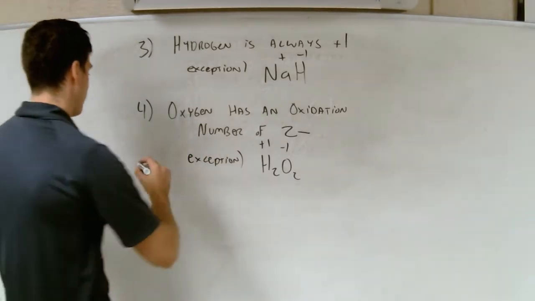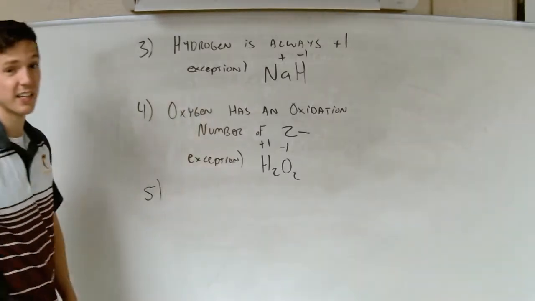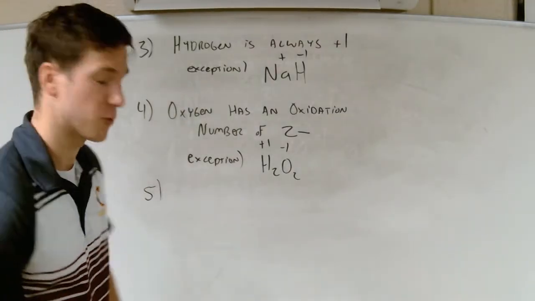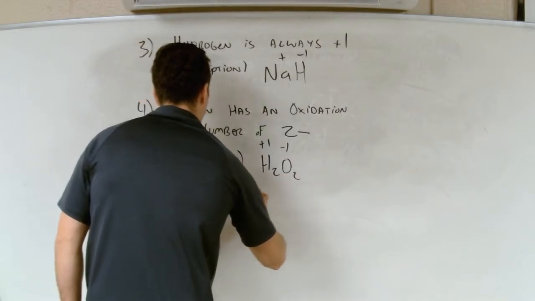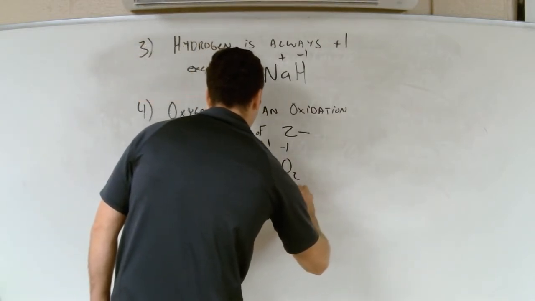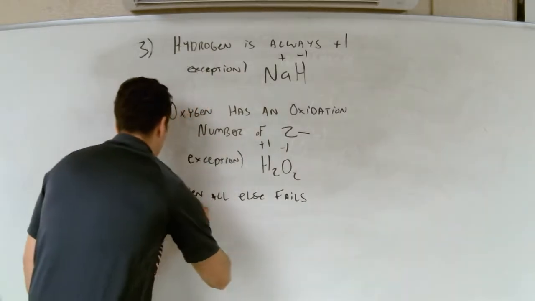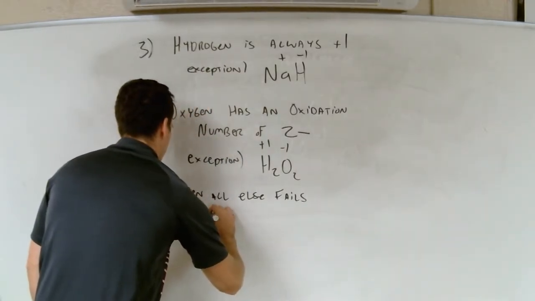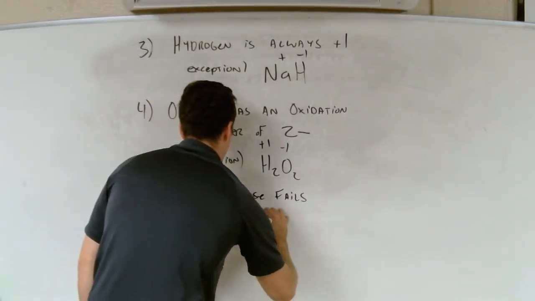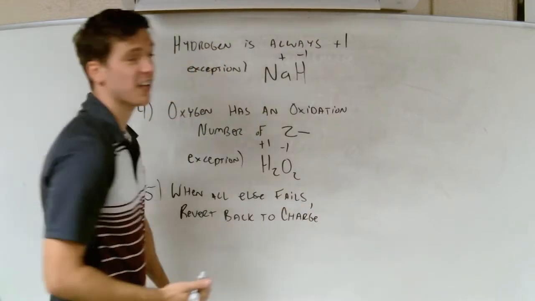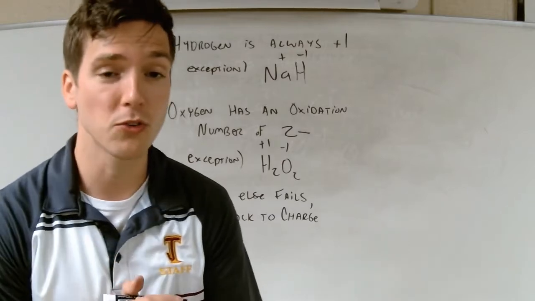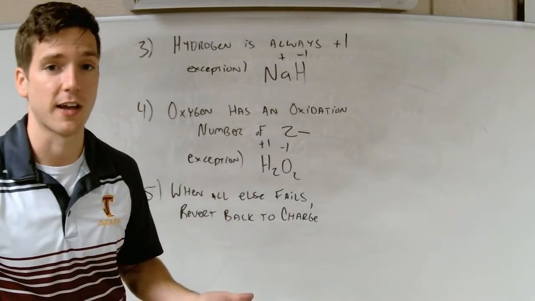And then rule 5. When all else fails, revert back to charge. If there's nothing in there that follows any of our rules, you can just use the charge as the oxidation number.